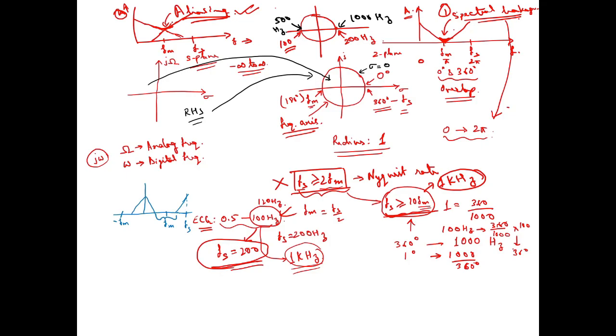Because my frequency component is within a very narrow range, it will be at a region of 100 hertz by 1000 hertz multiplied by 360 degree. So 36 degree. Somewhere over here we will have our 100 hertz.